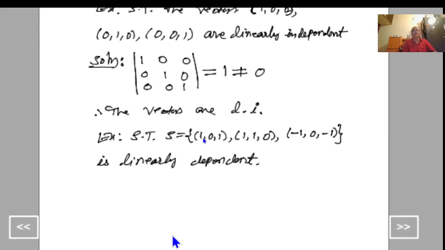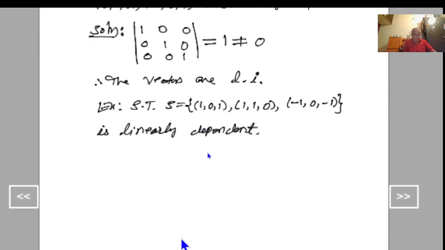Okay. Again we consider the determinant. Solution. Consider the determinant. First row, first vector 1 0 1. Second row, second vector 1 1 0. Third row, third vector -1 0 -1.